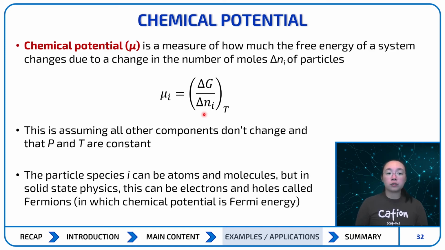Of course, we assume that P and T are constant, so we have this T saying that it's all at the same temperature. Now, the particle species, i, right here, can be atoms and molecules, but in solid state physics, this can be electrons and holes called fermions, in which case the chemical potential is called Fermi energy.